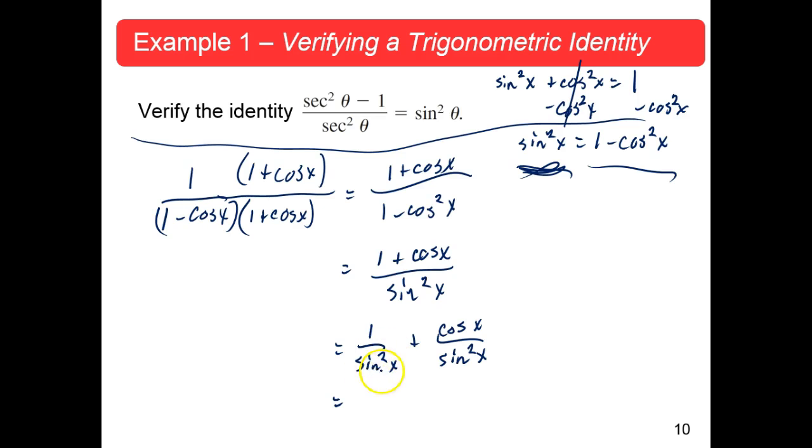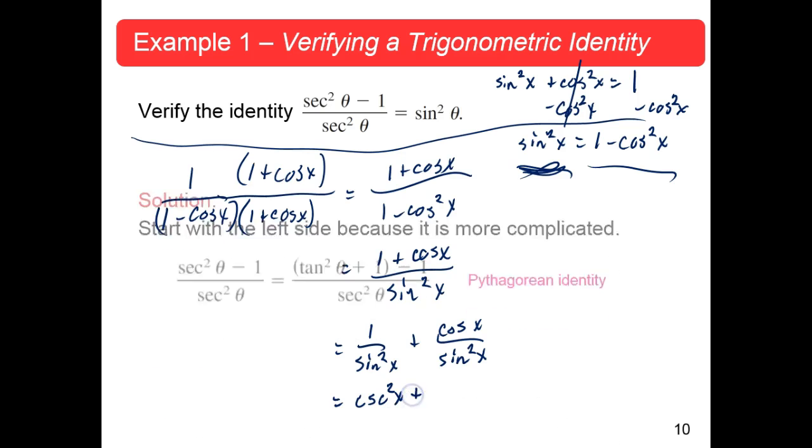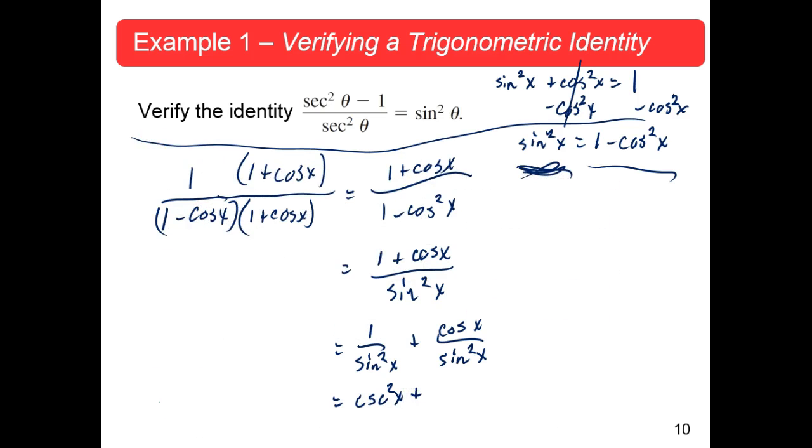Cosecant. So, and since it's squared, that would be cosecant squared x plus, now this takes a little more work, but not much. Let's split this into 2 fractions. Cosine x over sine x times 1 over sine x. Okay? And what would that be?